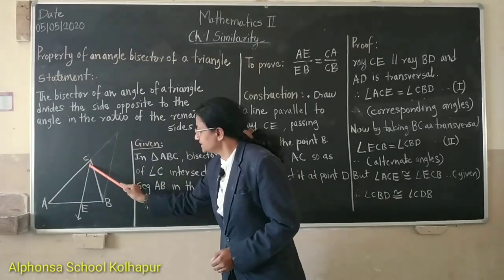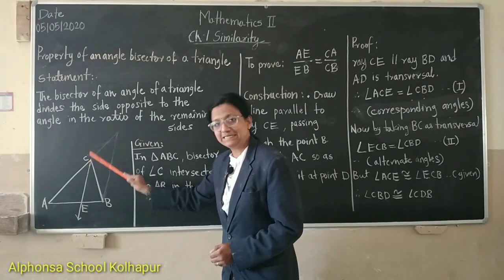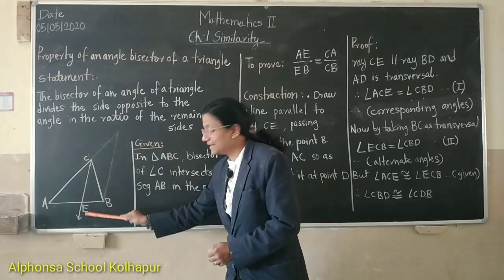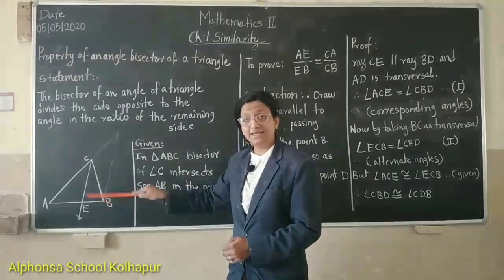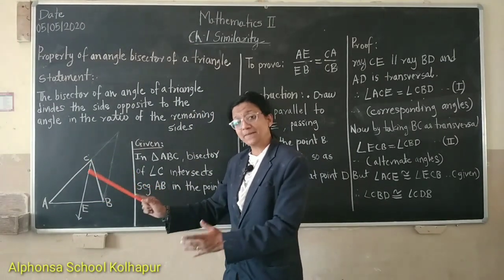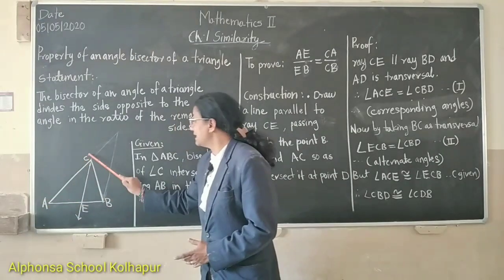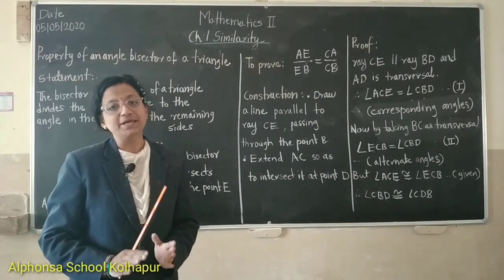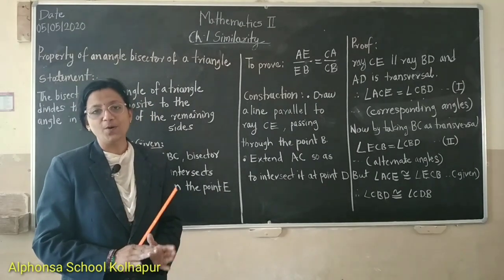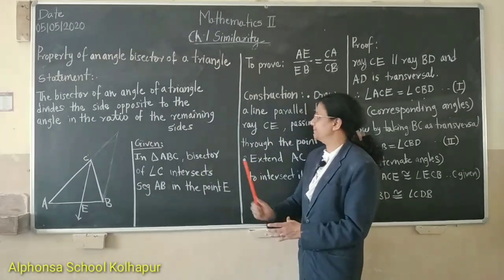Means if this is the angle bisector of angle C, then that angle bisector will divide side AB in the ratio of two remaining sides. Which are two remaining sides? AC and CB.